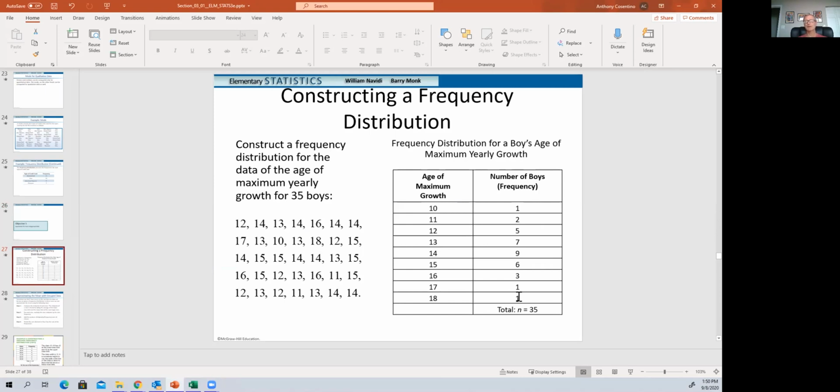So if you wanted to calculate the mean, one way to do it is to get out your calculator and add all these data points together, right? So 12 plus 14 plus 13 plus 14, and so on. Then you would get a number and divide it by 35. Again, not super horrible, but say you had 350 data points or 3,500 data points.